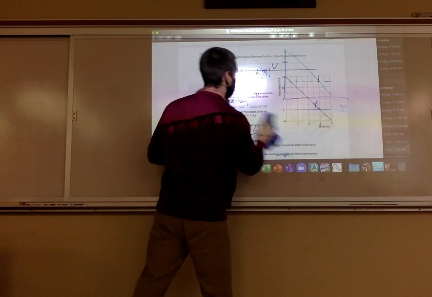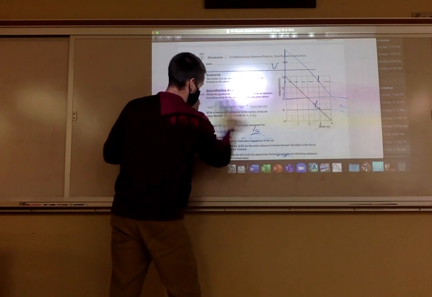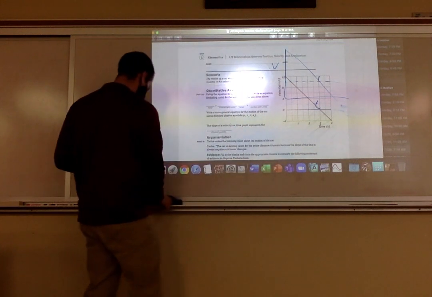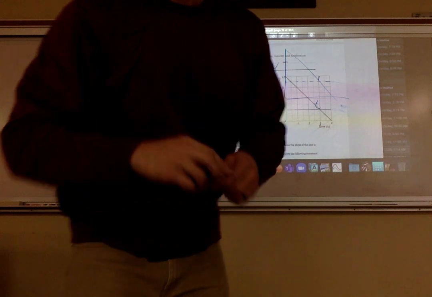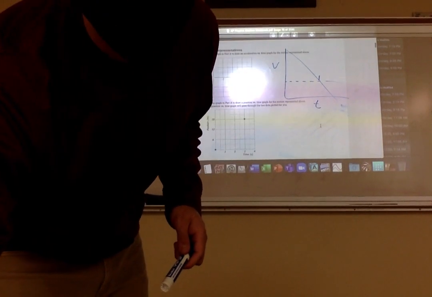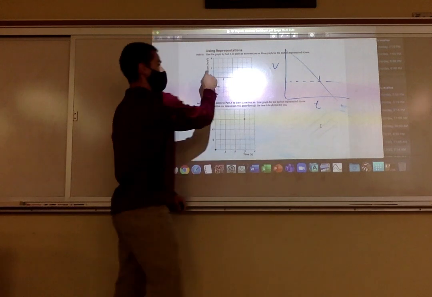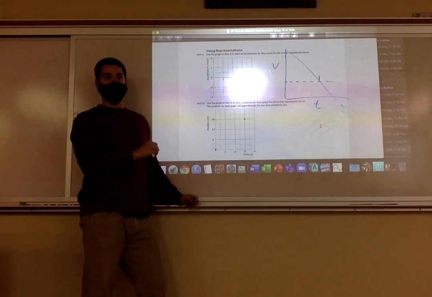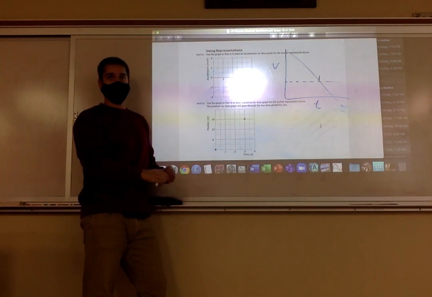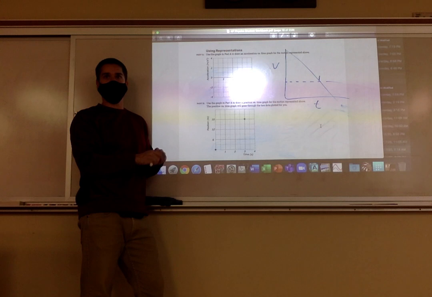We're going to compare them. If I go to the back side, I now want to make an acceleration time graph of the same motion. How do I plot the acceleration of that object over time?